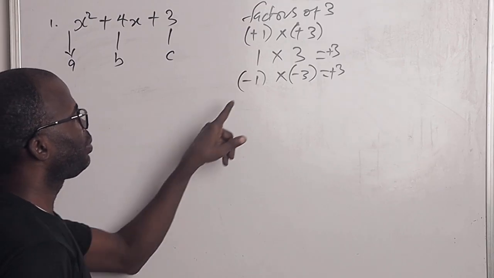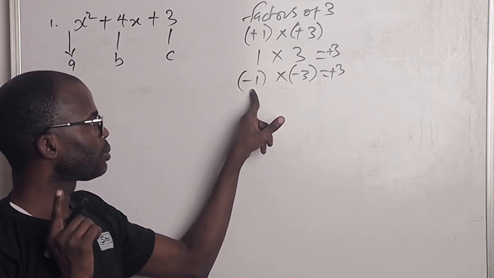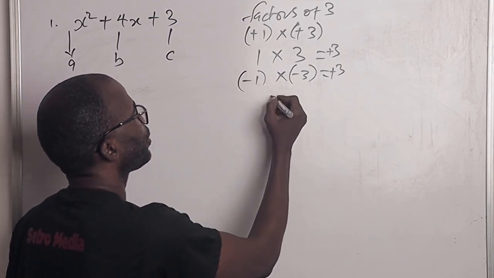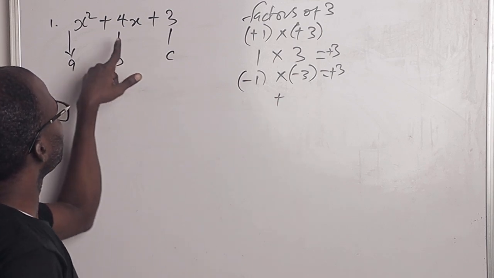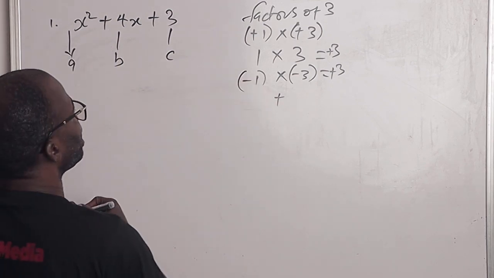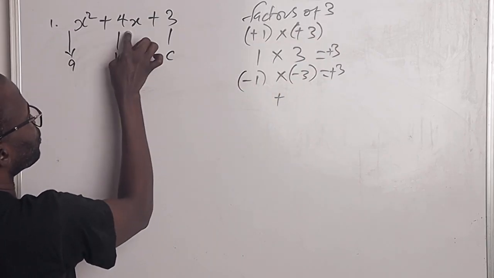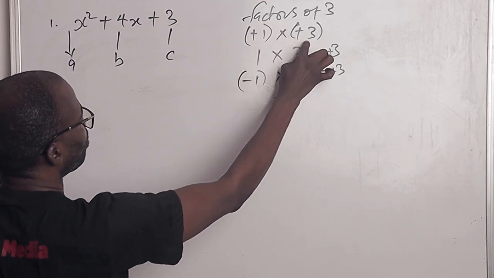Minus. Simply put, you are owing somebody 1 naira, and you now went to borrow additional 1 naira. That's what? Minus 4. It will not give us plus 4. So in this case, the factors of 3 that will give us plus 4x is what? Plus 1 and plus 3.